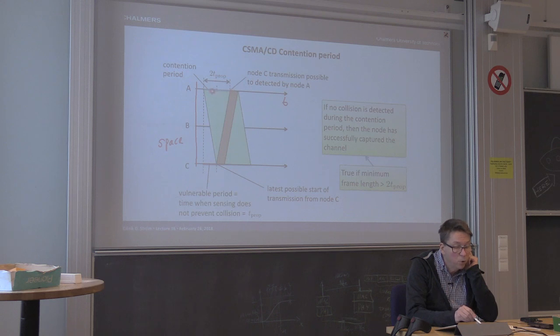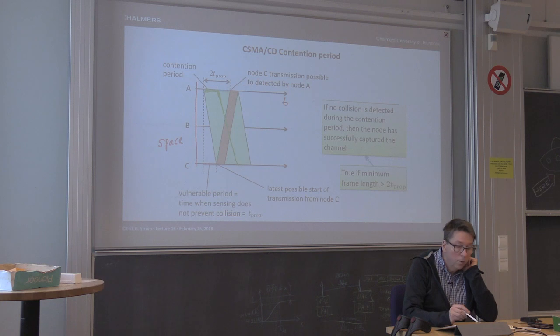So if the frame was shorter than this, so suppose that the frame ended here, then by listening to the medium, a collision is never detected, even though a collision certainly occurred here for B.